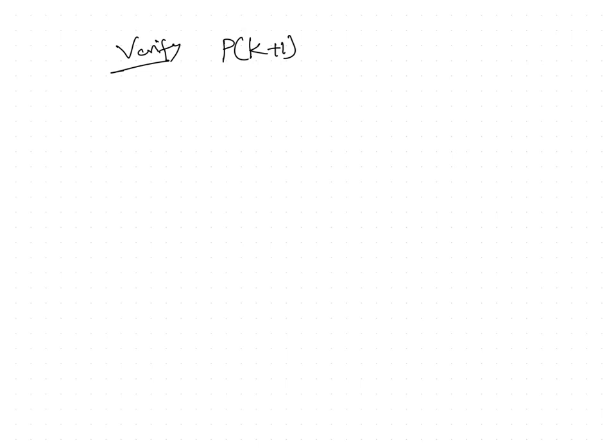Verify whether P of k plus 1 is equal to true or not. Okay, now I'm taking k plus 1. Now this k plus 1 has two possibilities. What are those two? Either it can be prime or it can be composite.